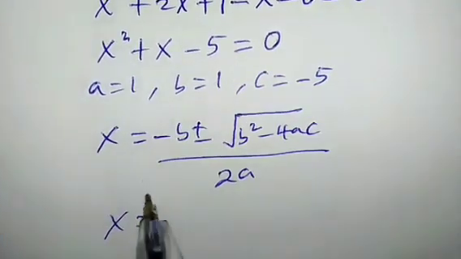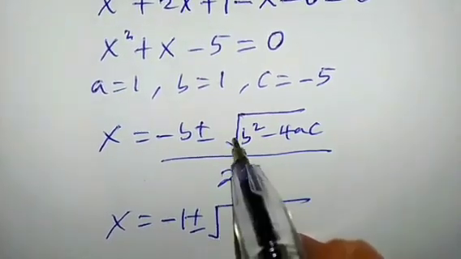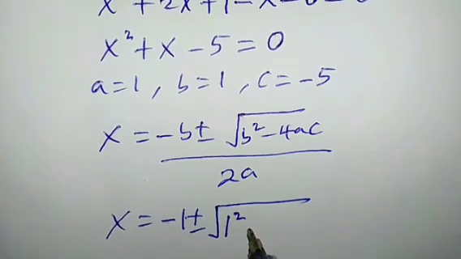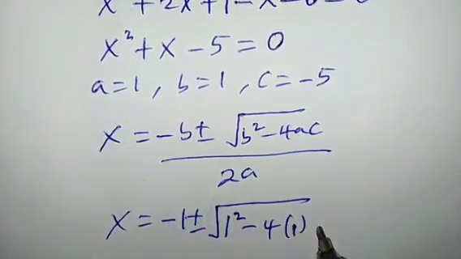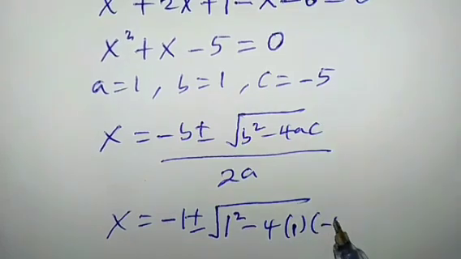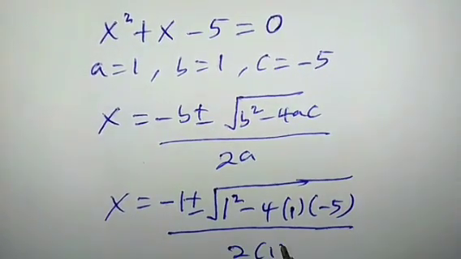X equal to minus, what is b? B is 1, so we have 1 plus or minus square root of, what is b? B is 1, that will be 1 to the power of 2 minus 4 times a, which is 1, times c, which is negative 5, all over 2 times 1.